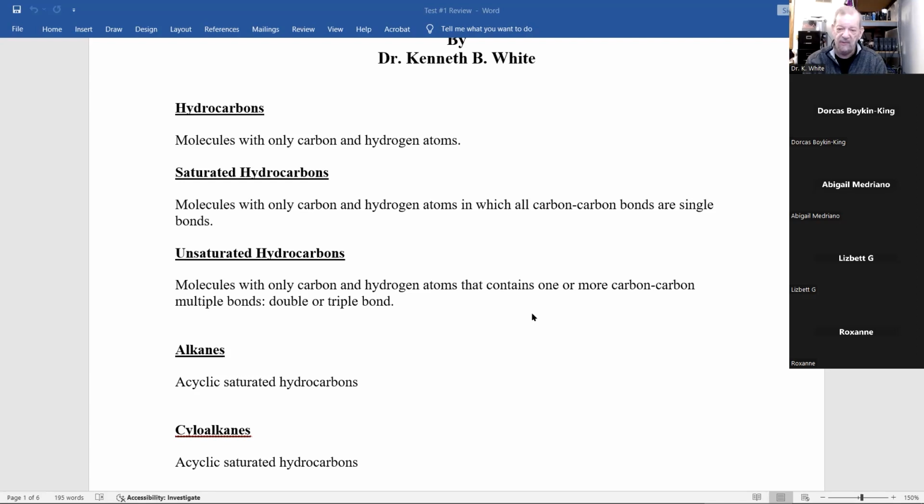All the carbon-carbon bonds are single bonds. And an unsaturated hydrocarbon, being a hydrocarbon, is a molecule with only carbon and hydrogen atoms, and it contains 1 or more carbon-carbon multiple bonds, or you could say 1 or more carbon double or triple bonds.